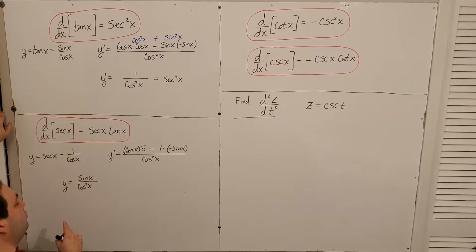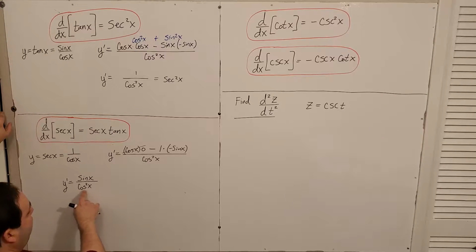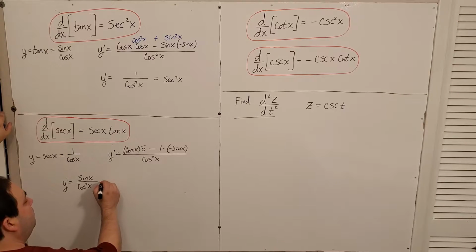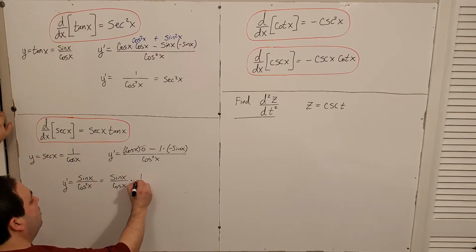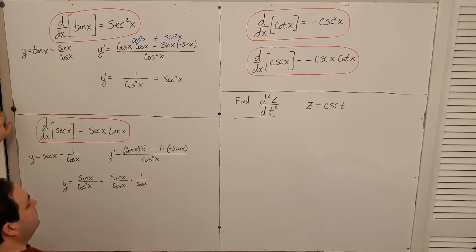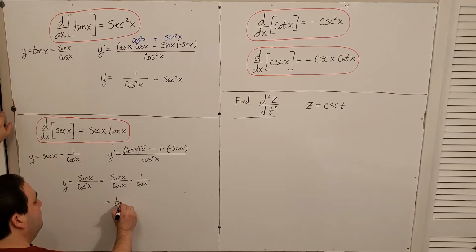But right here, what you should really see is that instead of writing it as cosine squared here, I'm going to write it as sine x over cosine x times 1 over cosine x. Because then I still have my cosine squared, right? And sine times 1 is going to give me sine x. But sine x over cosine x is tangent.